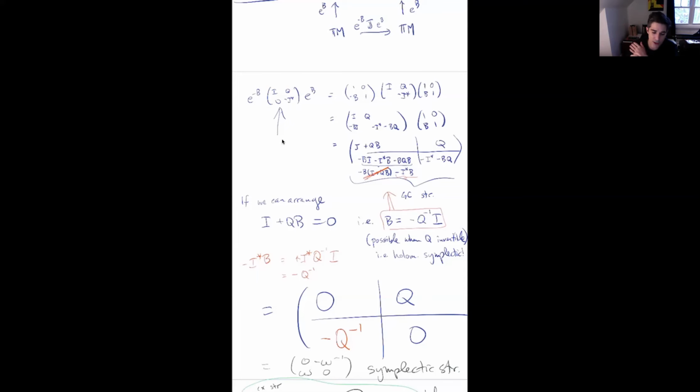And in that region, Q is invertible, therefore there exists a closed two form satisfying this. You could just solve for B: you invert Q and compose with I. So this two form will exist in that region, and we can apply a B-field transform to the structure in that region, and then it will be equivalent to a symplectic structure.